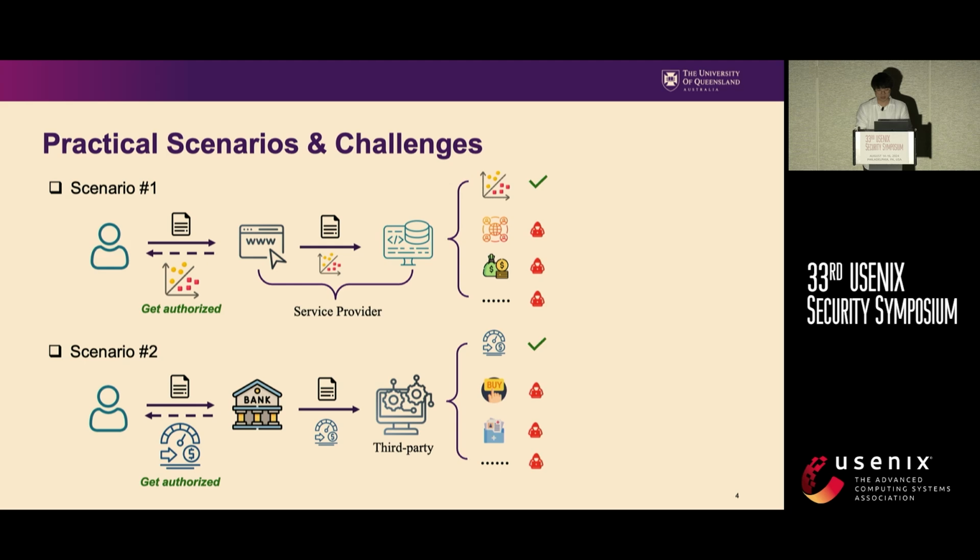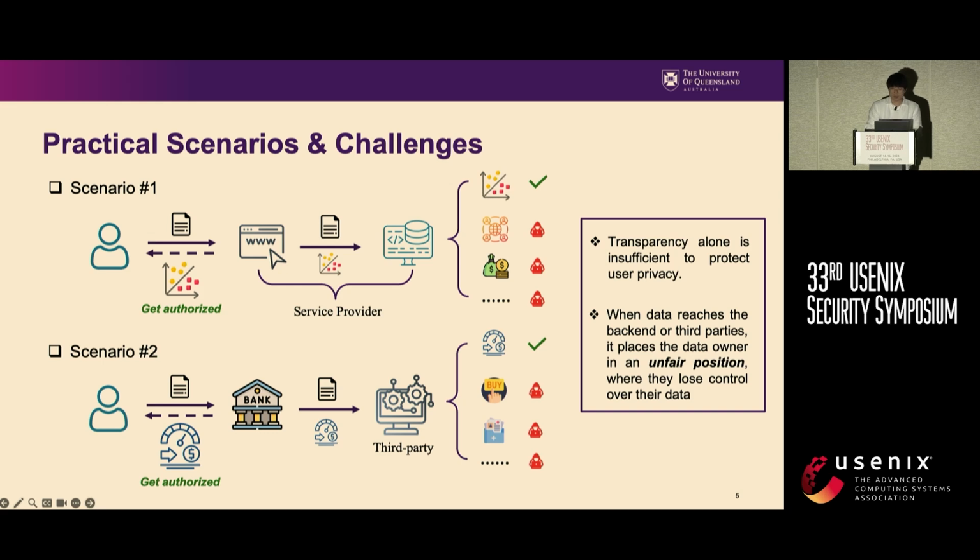However, when the data goes to the backend or third party in both scenarios, things change. Although they can certainly perform the authorized algorithm to get the correct result, they also have the capability to run unauthorized algorithms on the data, because data is just data. Any computation can be performed on it.